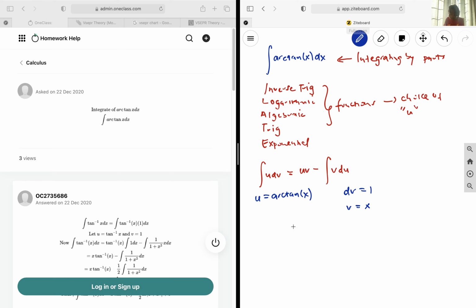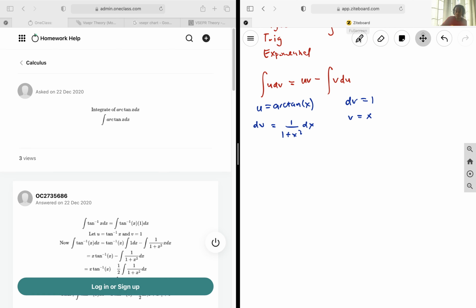And our du is going to be equal to 1 over 1 plus x squared dx. And so let's go ahead and fill everything in.